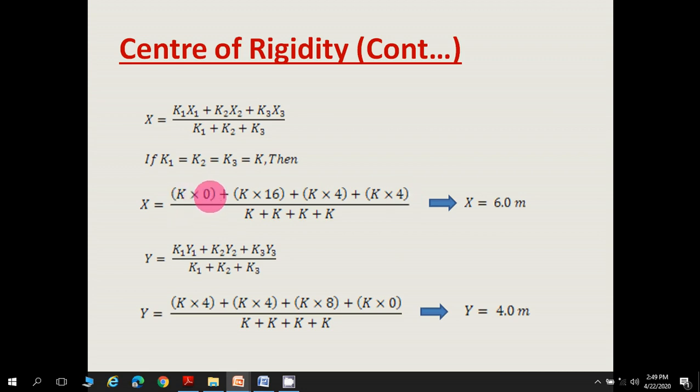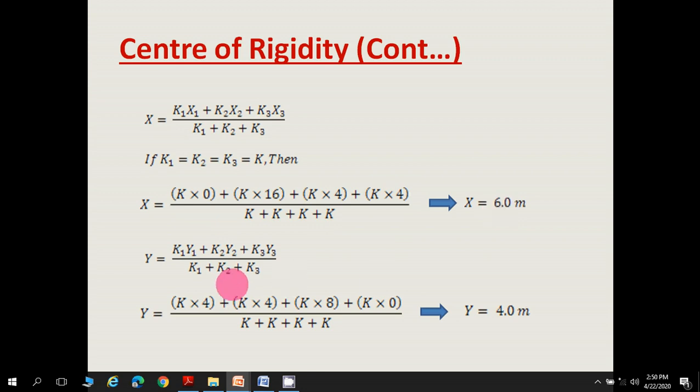So K1 x1 plus K2 x2 plus K3 x3 plus K4 x4 divided by K1 plus K2 plus K3 plus K4, the summation of all the stiffness, and we find x equal to 6.0 meter.